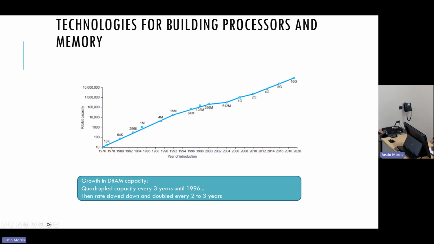But again, this has slowed down significantly and almost flattened, because we have made the transistors so small that they are becoming closer to the size of the molecules themselves, and they're becoming more and more unpredictable at that scale.